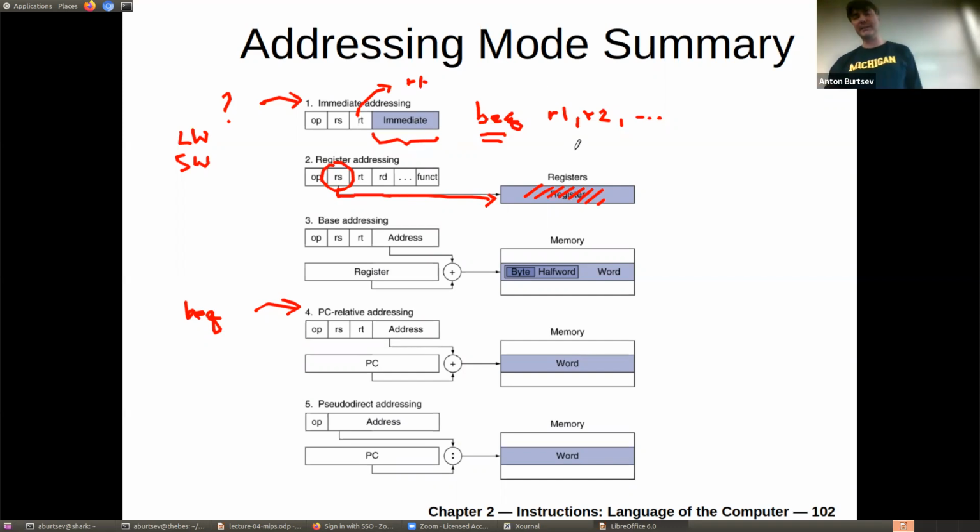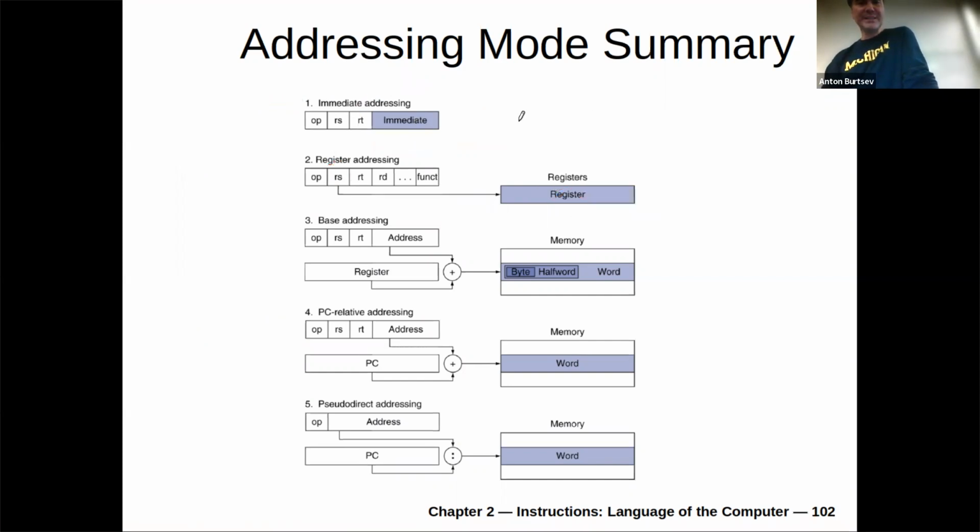Got it. So the example here will be something like OR immediate, when you say take a register R1, R2, and OR with some value 55, for example. That immediate value 55 is right here in the instruction itself.